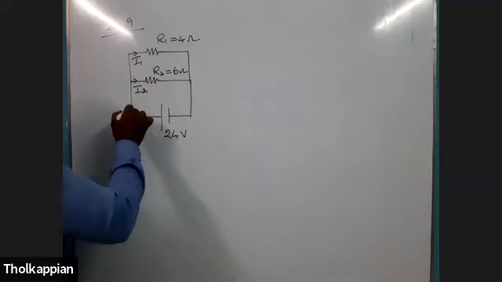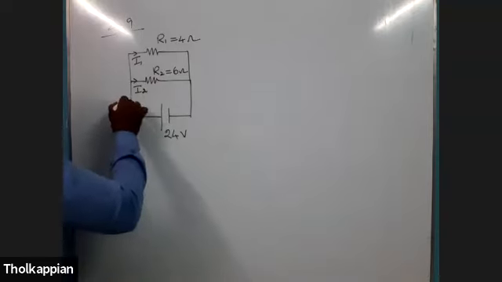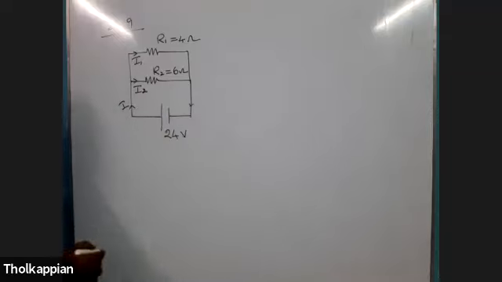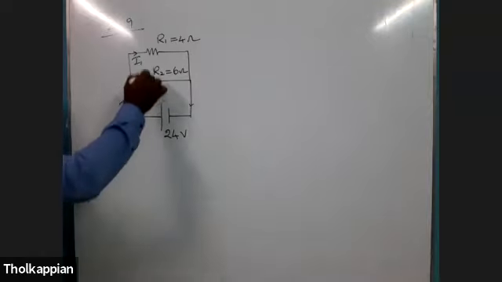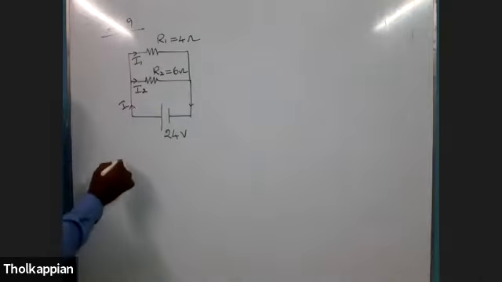Now, what is the total current? The total current is say I. The I is divided into I1 and I2. First, you have to find the total resistance value.